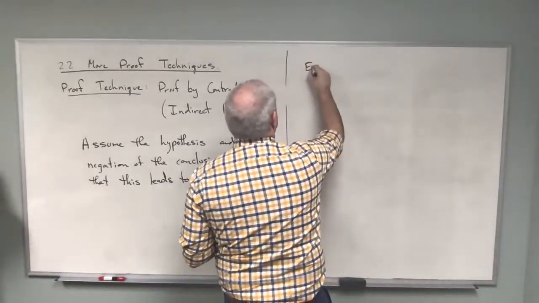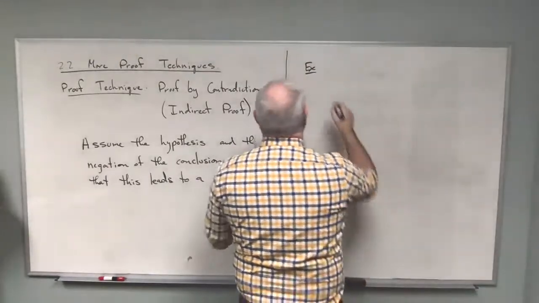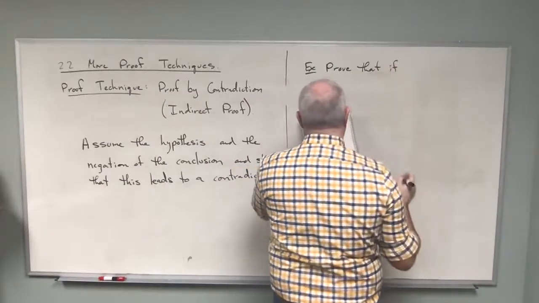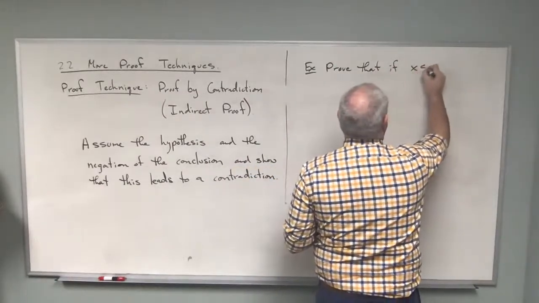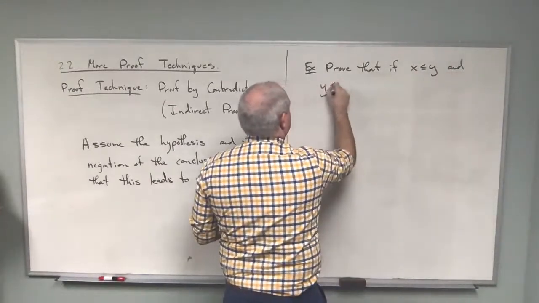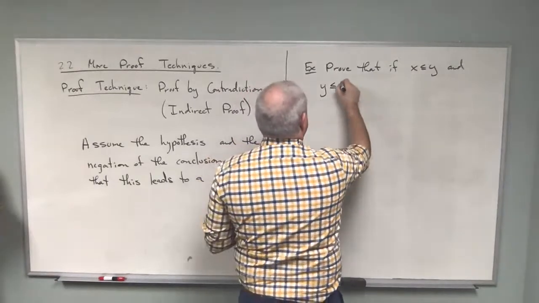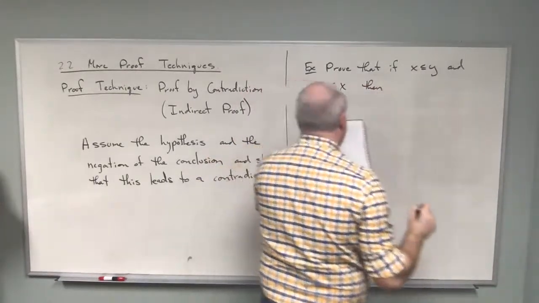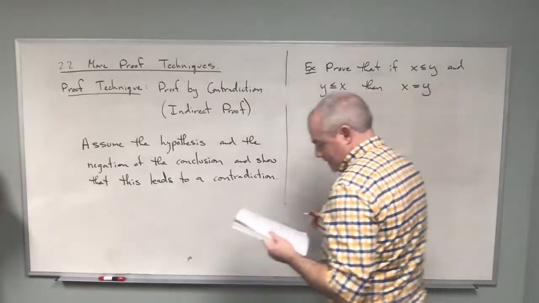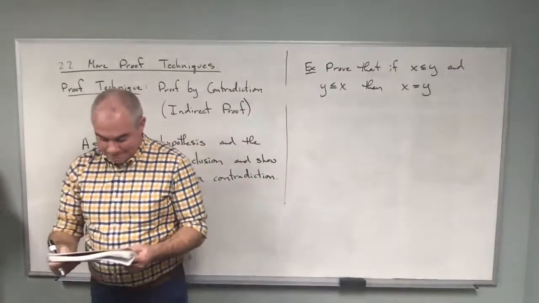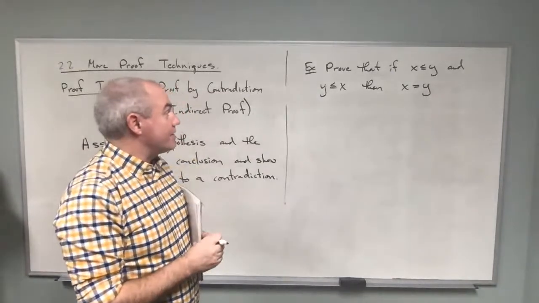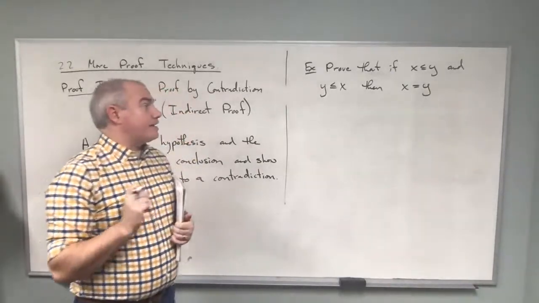So example: prove that if x is less than or equal to y and y is less than or equal to x, then that means that x equals y. Okay, so we want to show that if x is less than or equal to y and y is less than or equal to x, then x equals y.